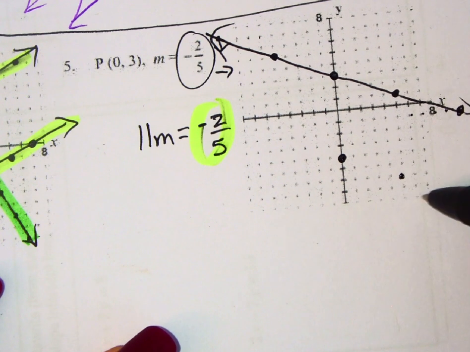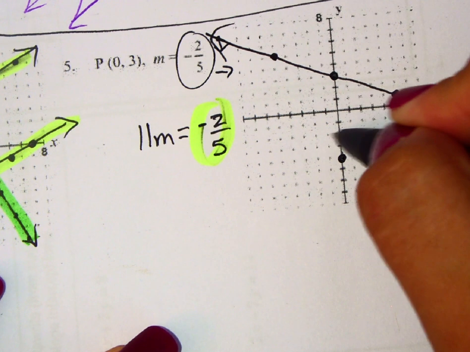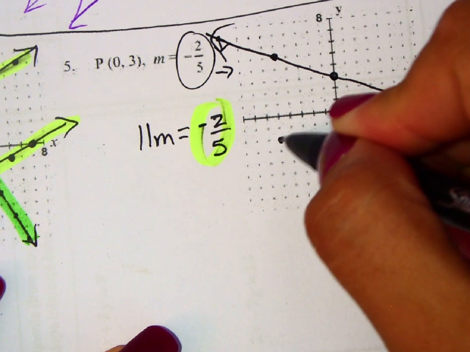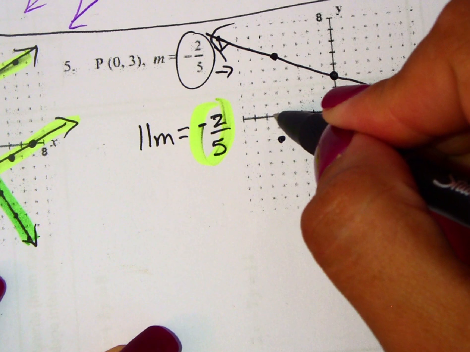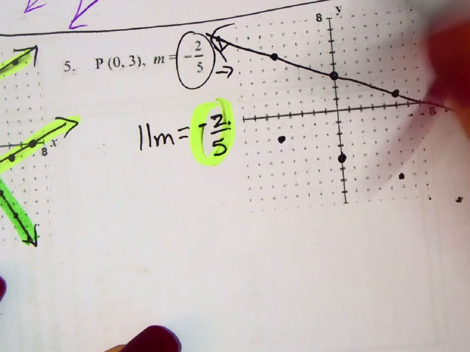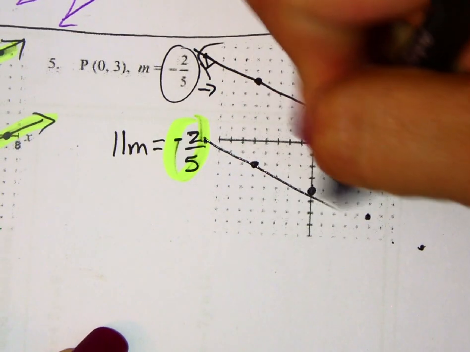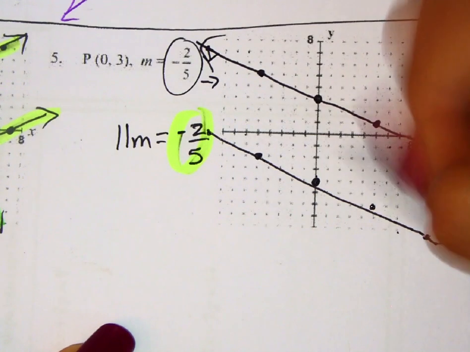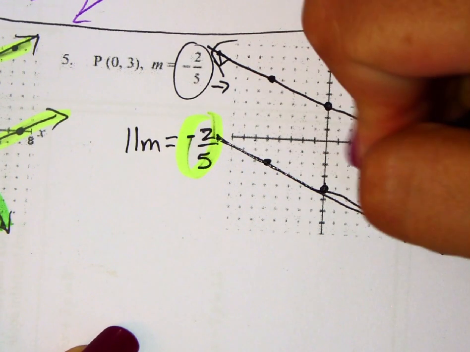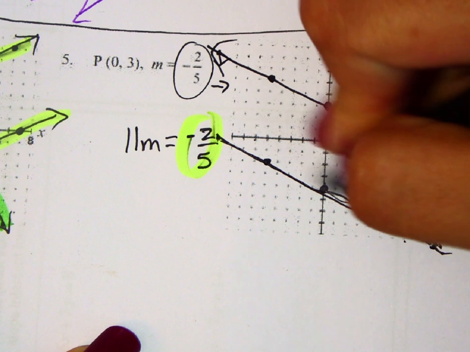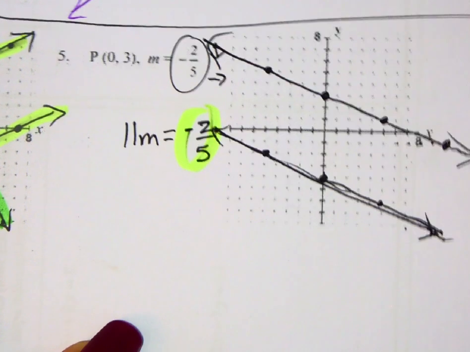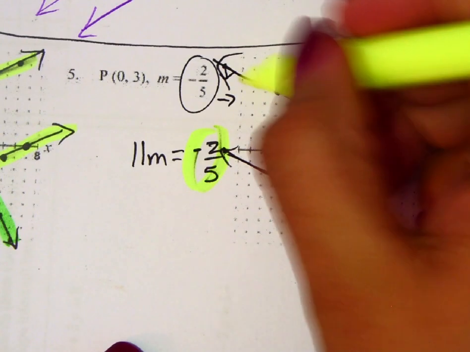Up 2 and across 5. So that creates this parallel. Sorry, my sketch is not perfect, but yes, right there. Parallel line to the original one.